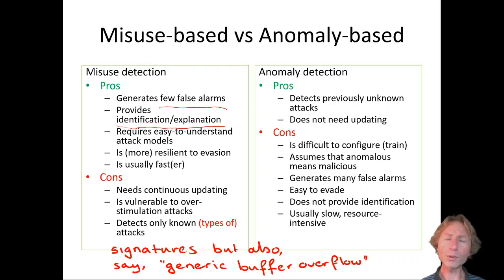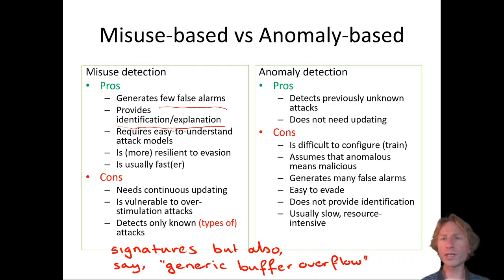When we talk about misuse, there's one thing that I still want to emphasize. We talk about signatures so far, but it might also be a general model of what, say, a particular class of problems is. So, say a buffer overflow. If we know what a buffer overflow looks like and it detects that, that is also misuse detection. So it might be detecting a class of attacks, or control flow diversion, right?